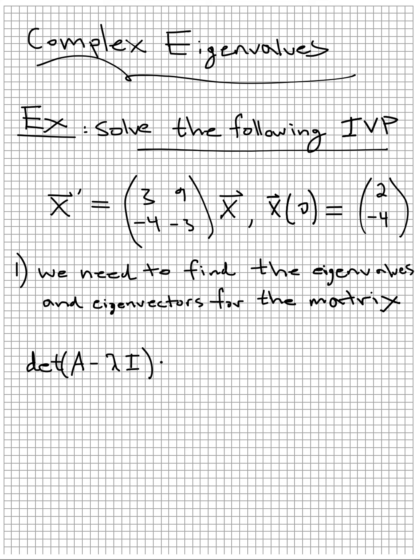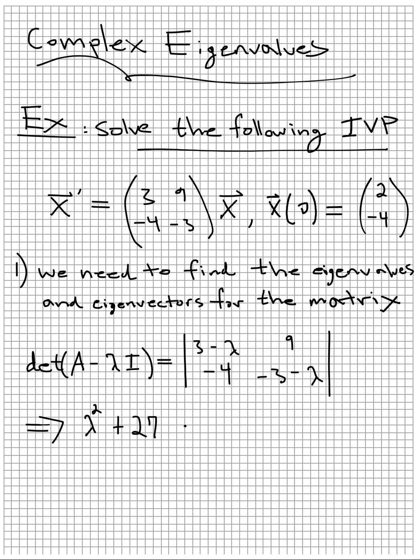equals determinant, and this is going to be 3 minus lambda, 9, -4, -3 minus lambda. All right, and what this comes out to be, when you compute this, will be lambda squared plus 27.